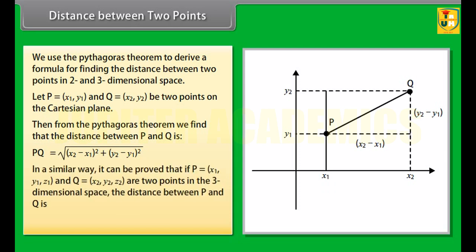In a similar way, it can be proved that if P = (x1, y1, z1) and Q = (x2, y2, z2) are 2 points in the 3-dimensional space, the distance PQ is equal to the square root of (x2 minus x1) square plus (y2 minus y1) square plus (z2 minus z1) square.